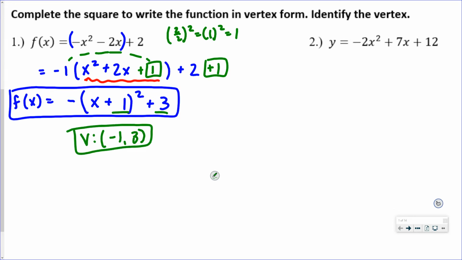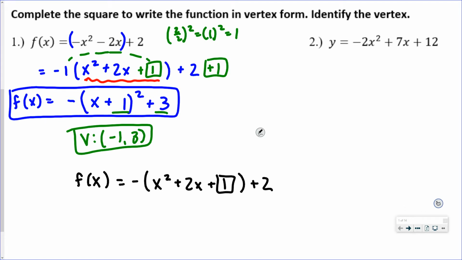Okay. You don't have to write this down. Let me just quick explain why we can do this. So everybody was okay until we got to here. Okay.